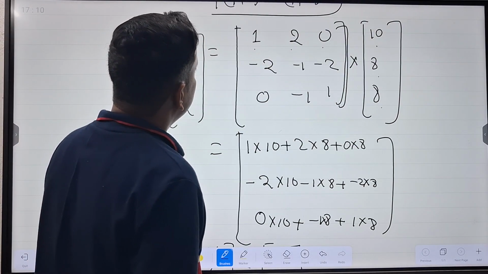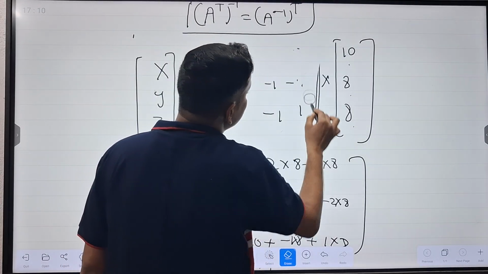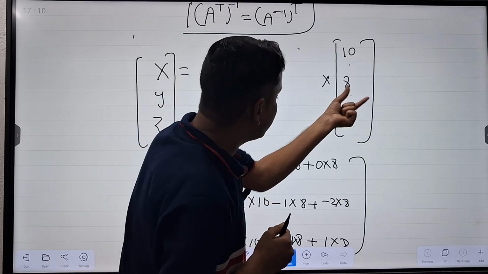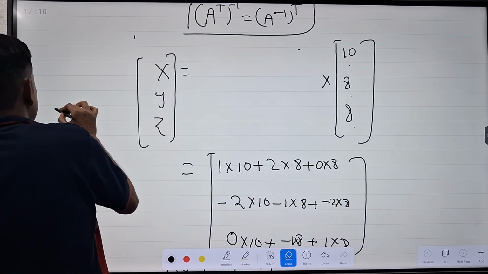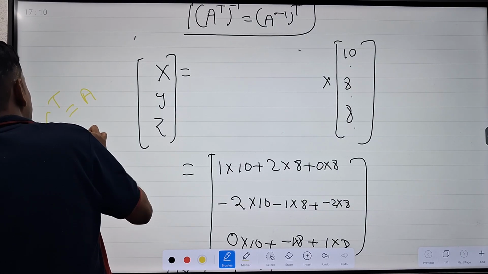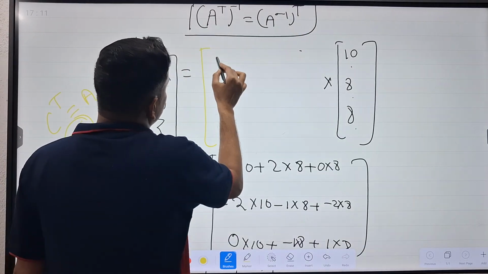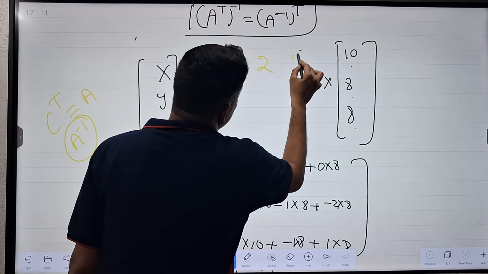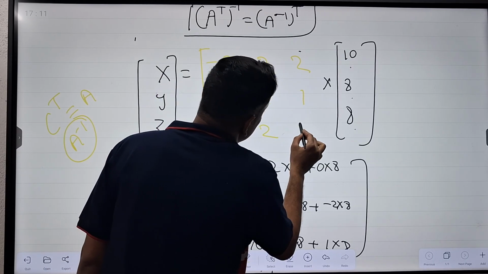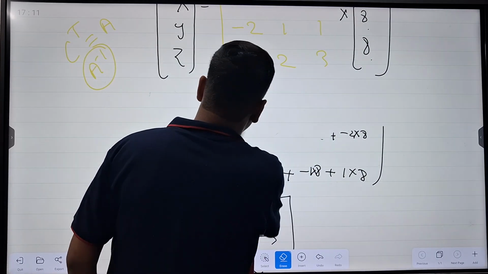Sorry, actually here it will be A inverse, the value of A inverse, which I have written as another matrix. Here it will be A inverse into D, because the transpose of C is A, and then you have to find the A inverse. So here will be minus 3 2 2, minus 2 1 1, and minus 4 2 3, and then you have to multiply with this matrix.